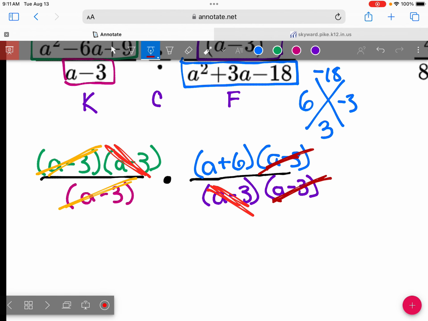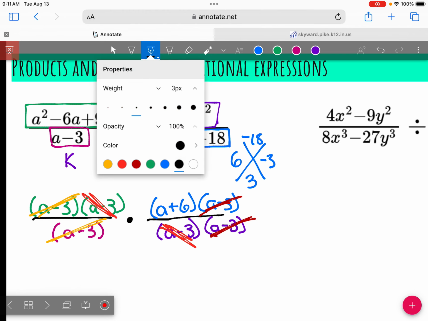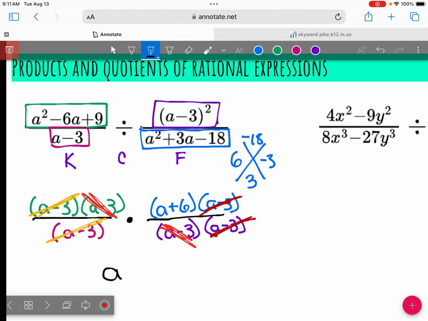No. So what is this division fully simplified? Just a plus 6. That's the only thing left. That is a whole lot for a plus 6. But it is what it is. Yep, just simplifying.